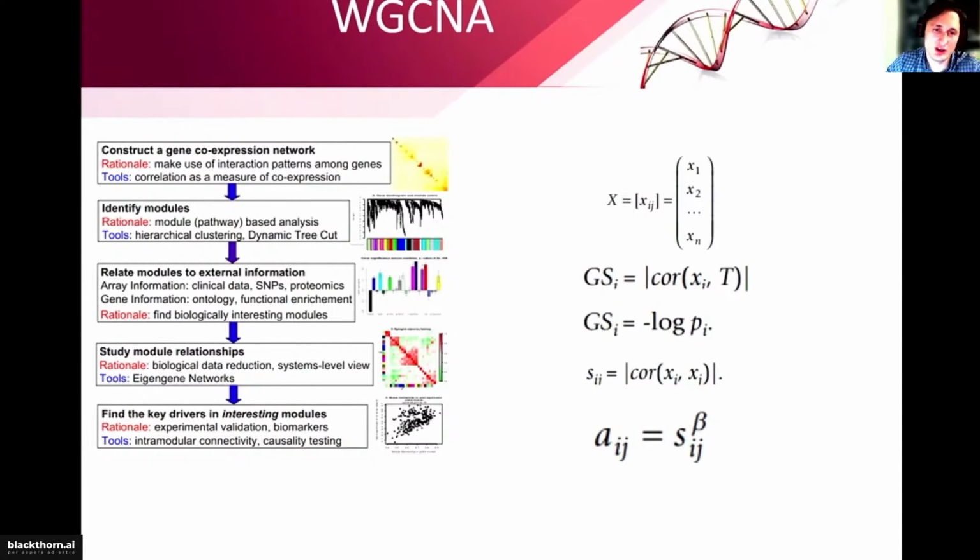So WGCNA is quite a good thing in these terms. In WGCNA we have many samples and gene expression for many samples ordered in a huge matrix, and we are looking for correlation between genes. So we have multiple observations for every gene, and we are looking for correlation between them.